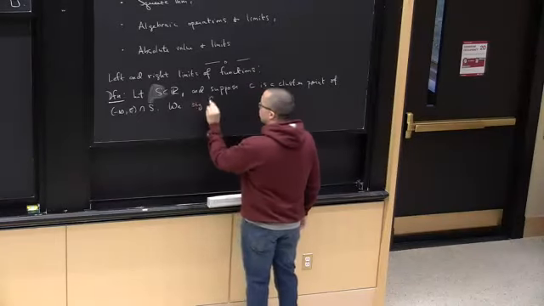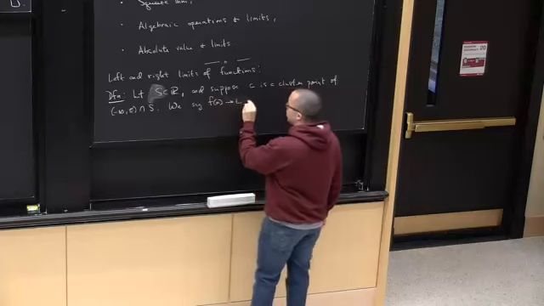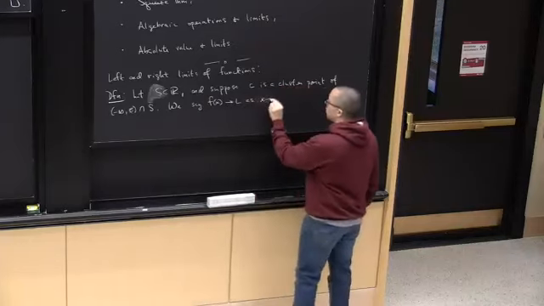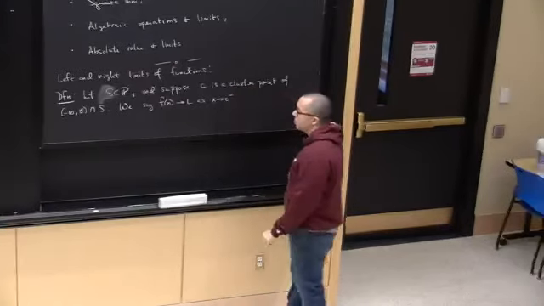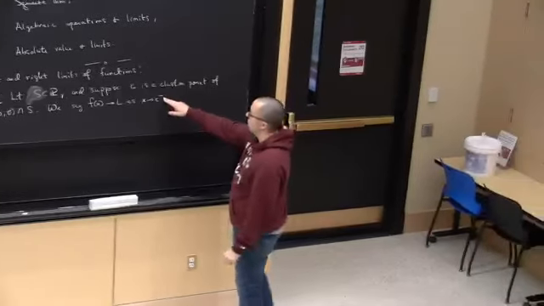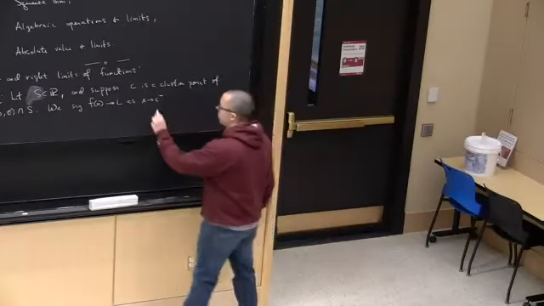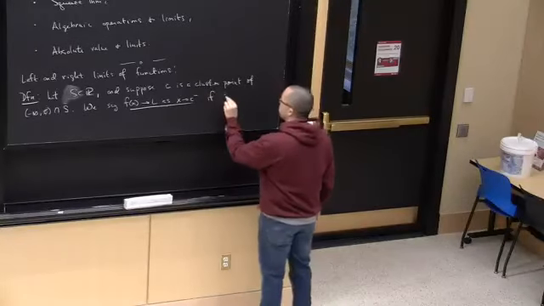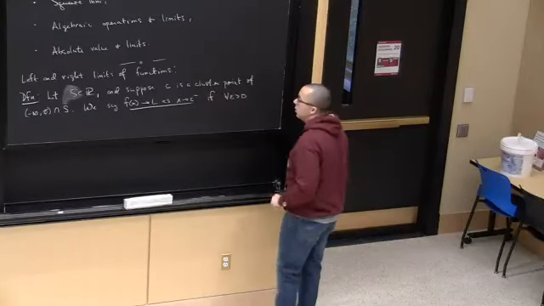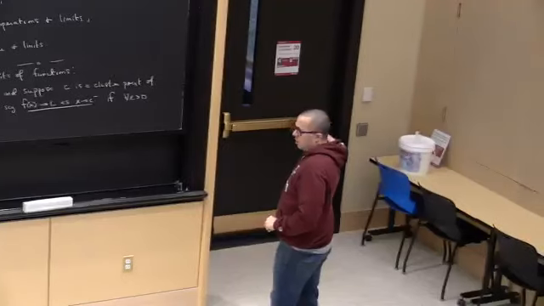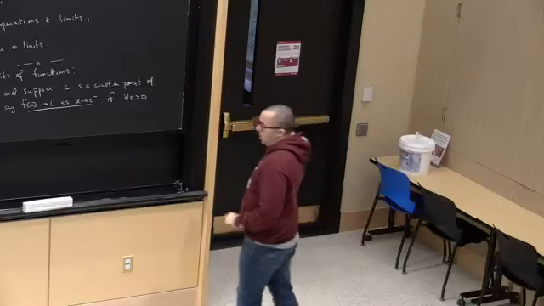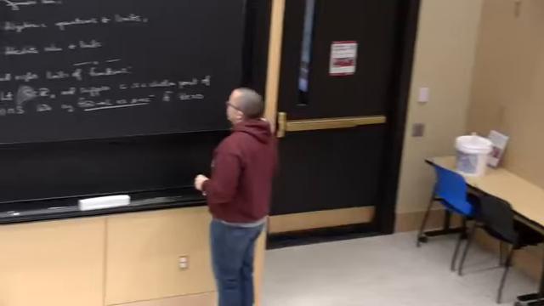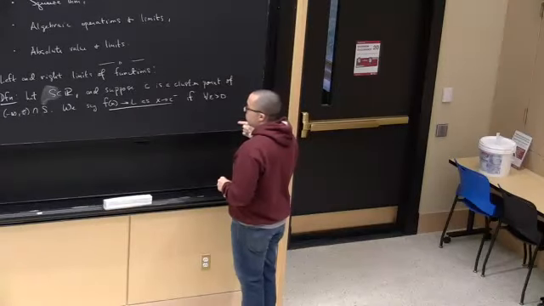We say f of x converges to L as x converges to c from the left by putting a minus sign up here. It's a similar definition to that of the limit, but now we only look at x getting close to c from the left.